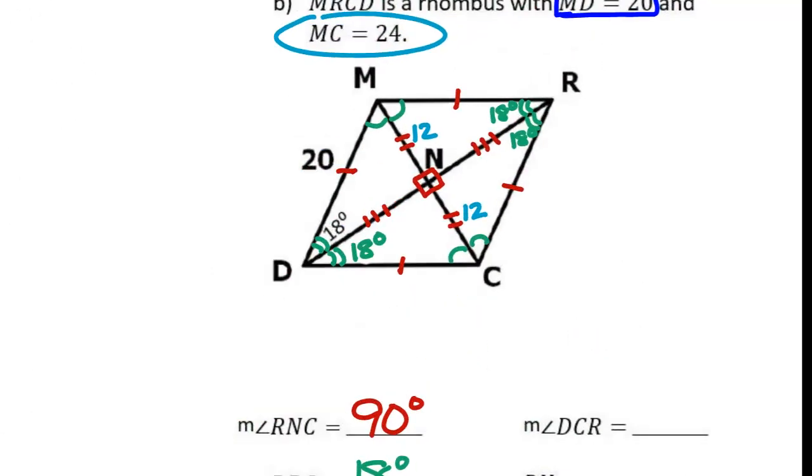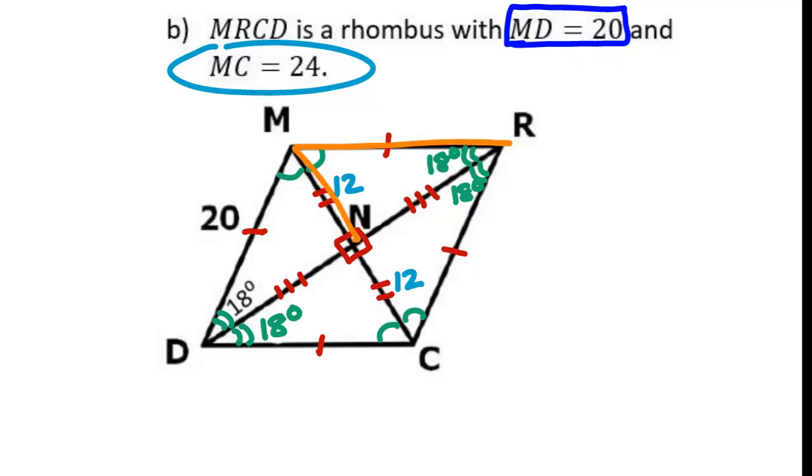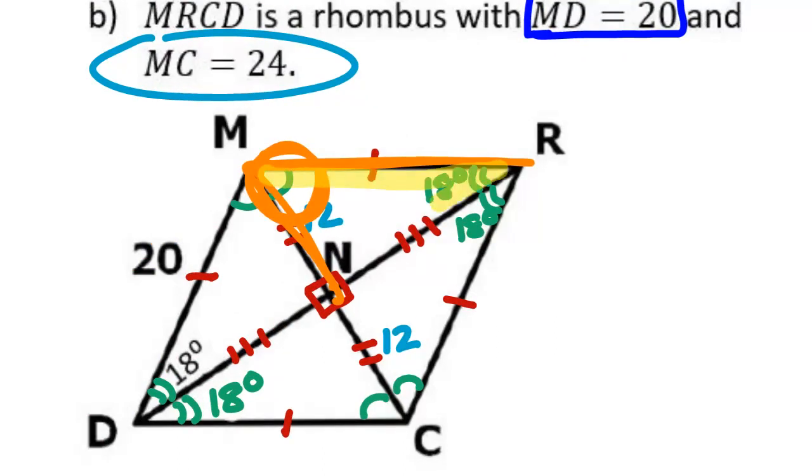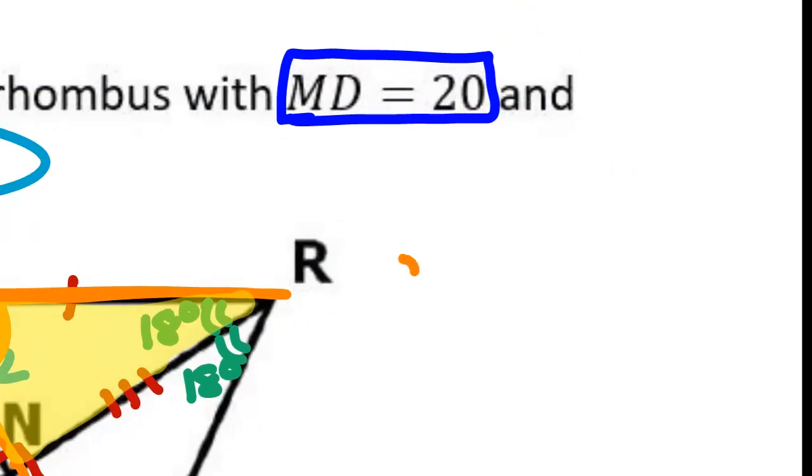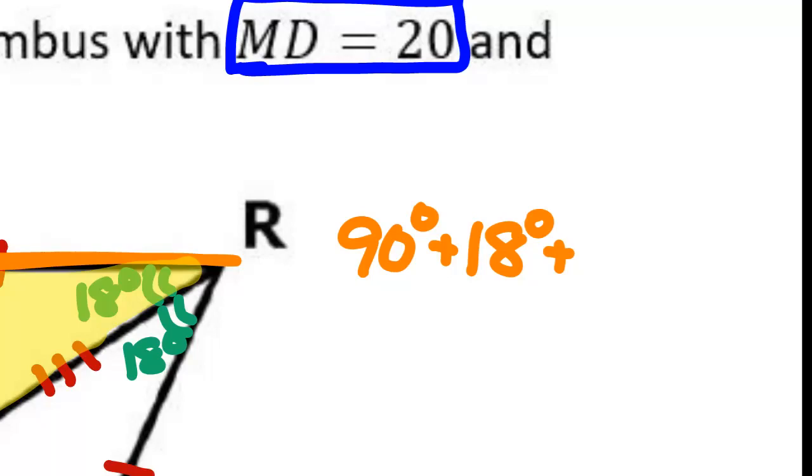Angle NMR. NMR. This angle right here. We don't have the size of that angle. But what I do have is this triangle right here. That is a right triangle. And so I know it has a 90-degree angle, and then I also know it has that 18-degree angle up there. So I can take that information. I can say 90 degrees plus 18 degrees plus the measurement of angle NMR.